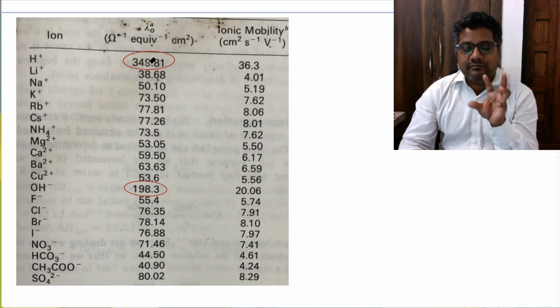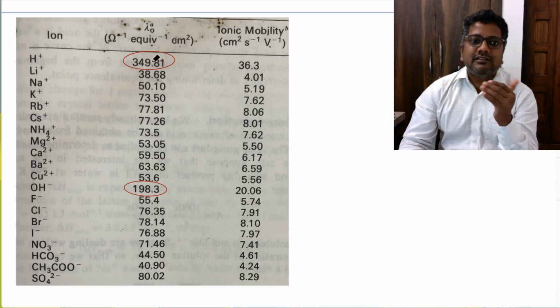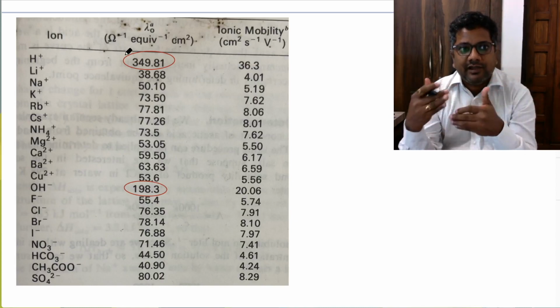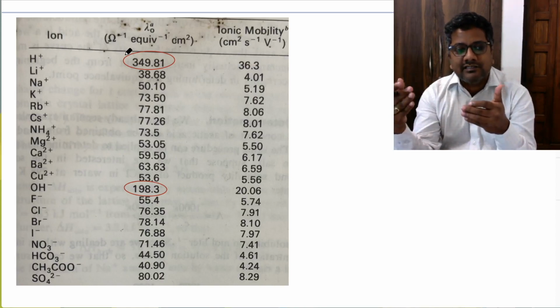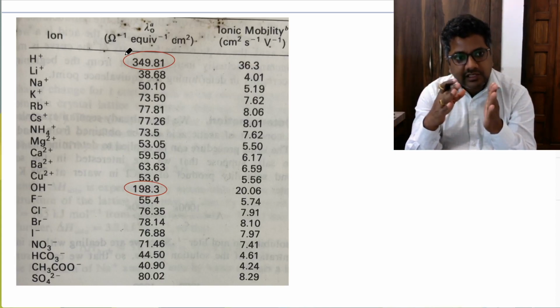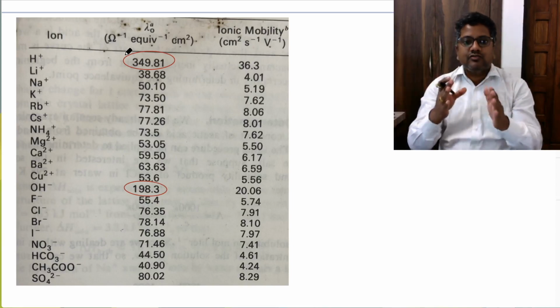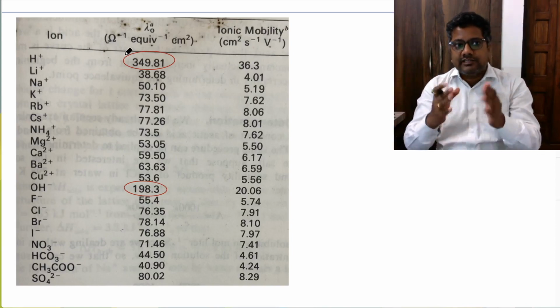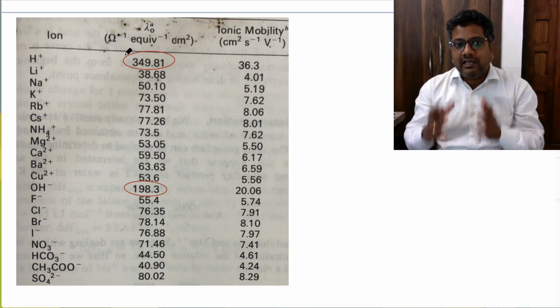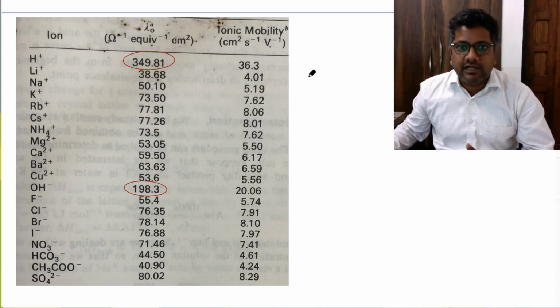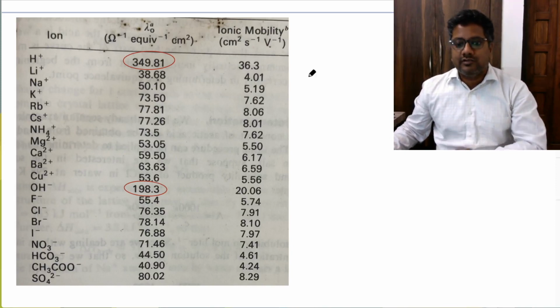If your molecule has more hydrogen bonding, then the conductance is more. In ice, the movement of electricity through H plus ions, in one step, moves 9 water molecules away. I am going to show you how H plus shows the highest molar conductance or equivalent conductance or ionic mobility through hydrogen bonding.